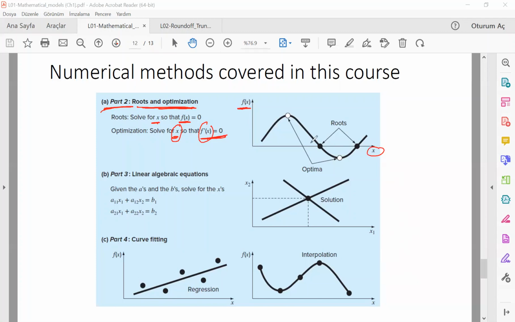And the function becomes zero exactly here and here, which are the roots of the function. On the other hand, the function becomes maximum and minimum here. So these are extreme values, and they can be obtained by taking the derivative of f of x and looking into where this derivative becomes zero.